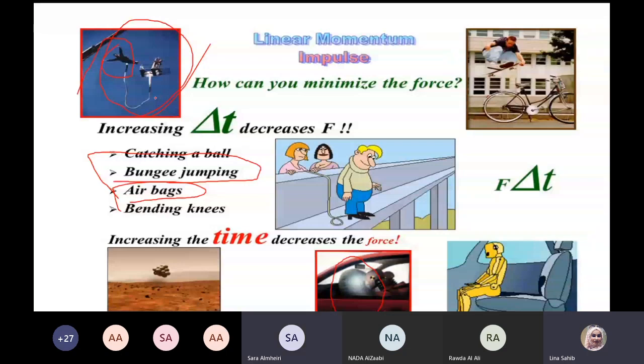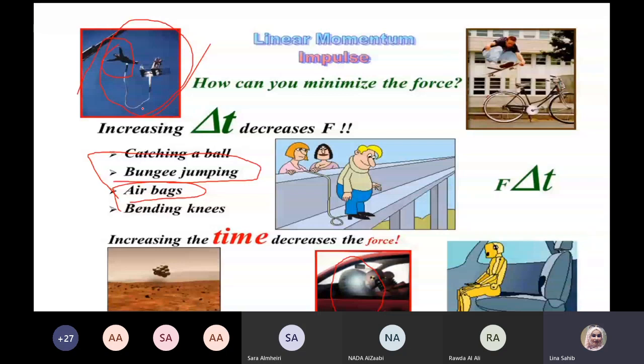But here, to avoid that and to keep him safe, they connected his body with a belt, which gives him more time before hitting the ground. So he will reach the ground with a low force and a long time.